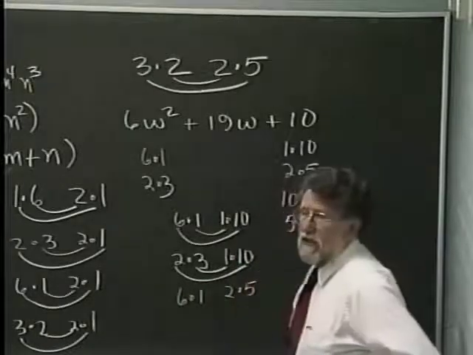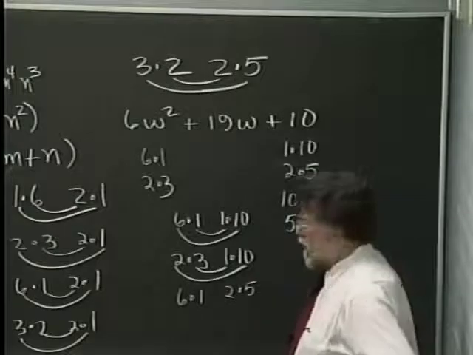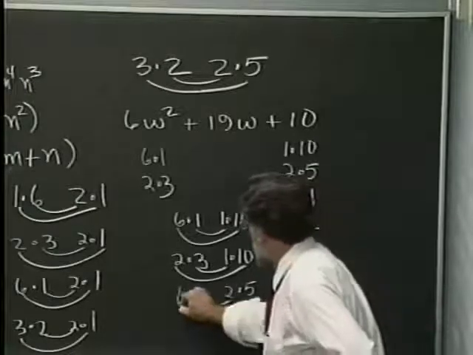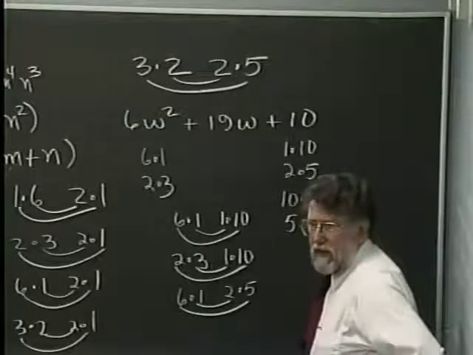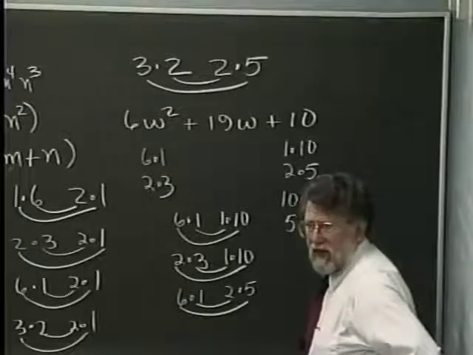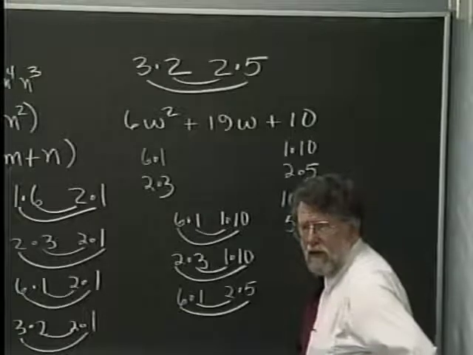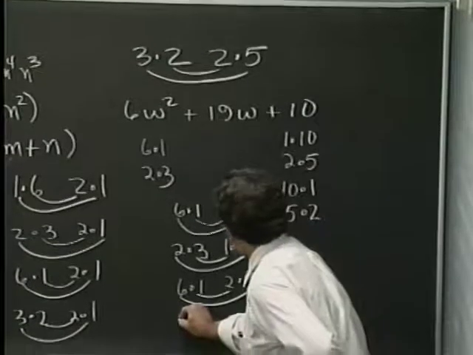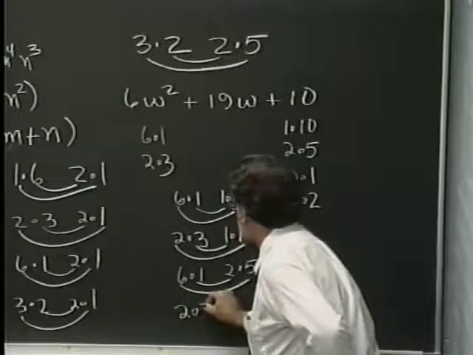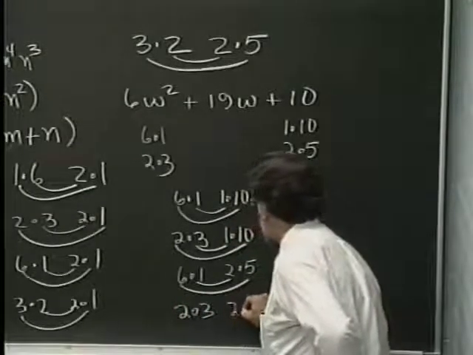And I think you see why I didn't go 6, 1 all the way through. I'm looking at the space constraints I have on the front board. Well, that's going to give me 32. The 6 times 5 is 30, the 1 times 2 is 2, hence 32. Now I get to the 2, 3, and I get to the 2, 5.